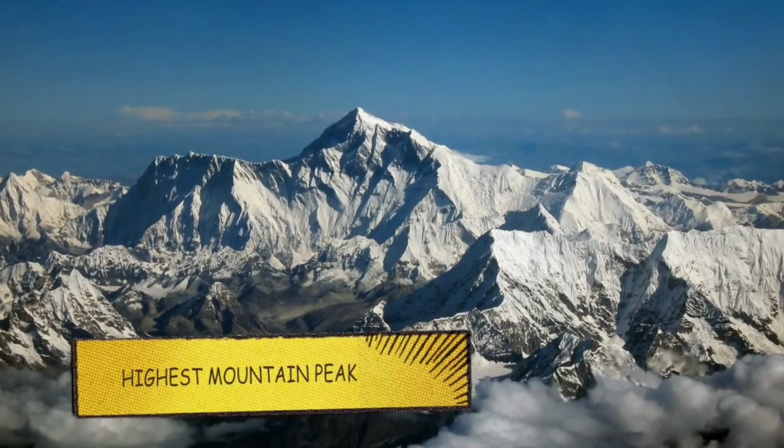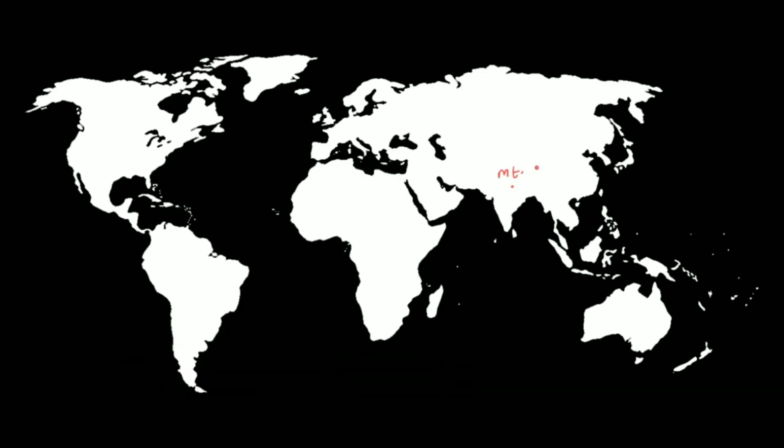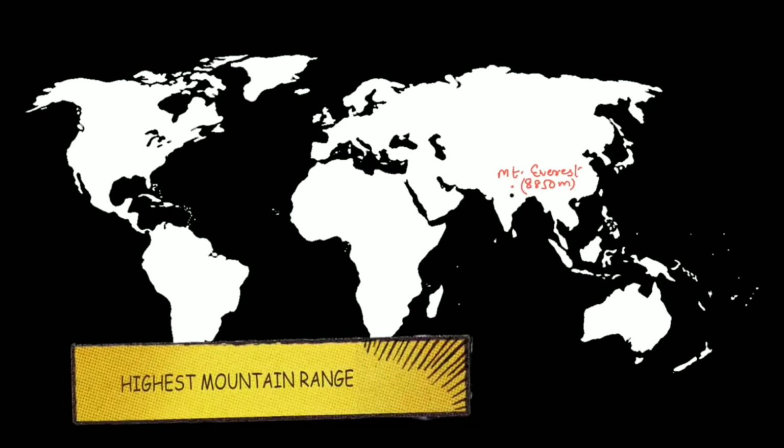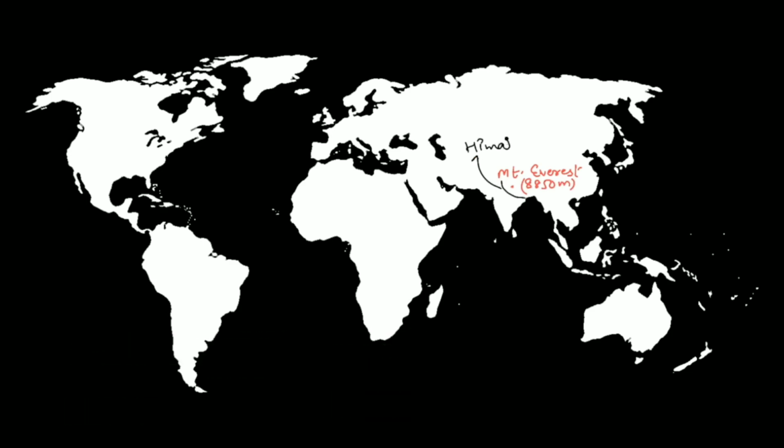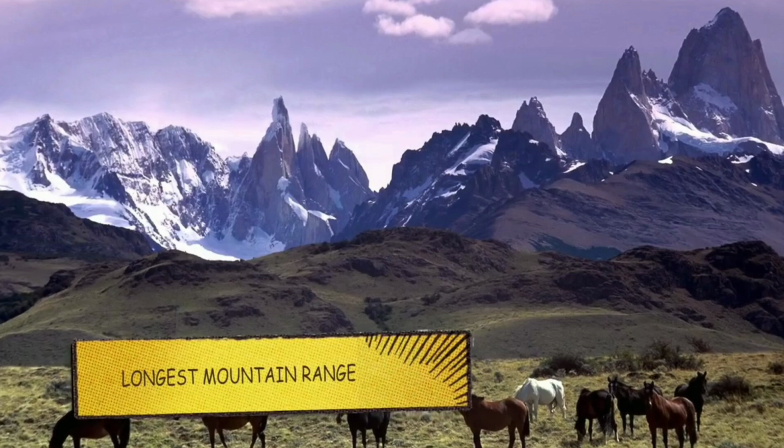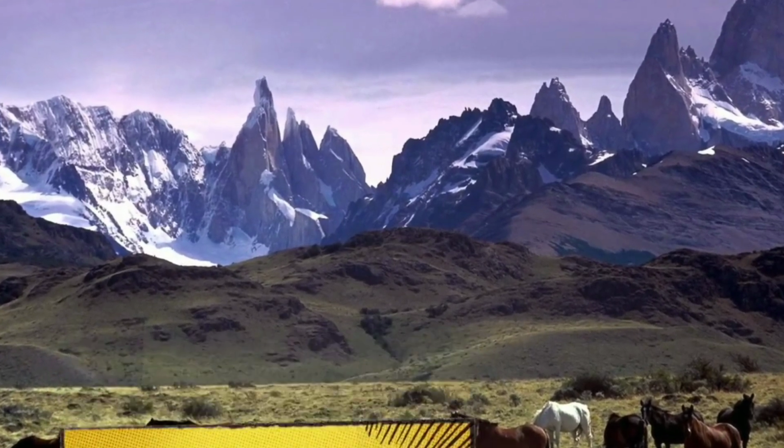The highest mountain peak is Mount Everest in Nepal. It has a height of 8,850 meters. The highest mountain range is of course Himalayas, and the longest mountain range is of the Andes.